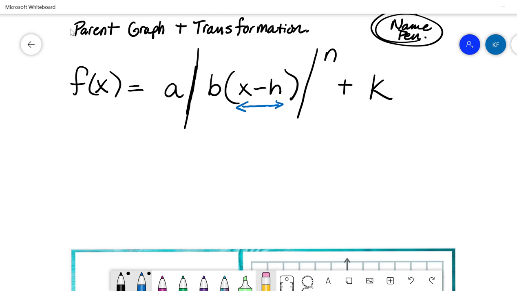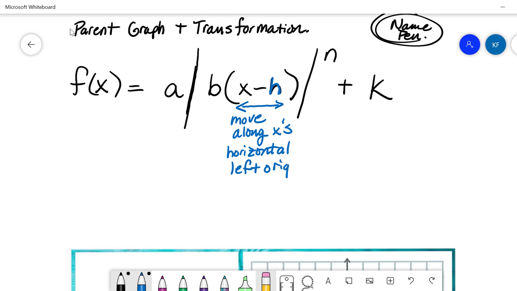All right, we're going to talk about what these things do to the graph. If you have a number, and in my case the number is h, and it's attached to the x's, your transformation or translation is going to move along the x's. In other words, if it's moving along the x's, you're going to be horizontal, left or right.